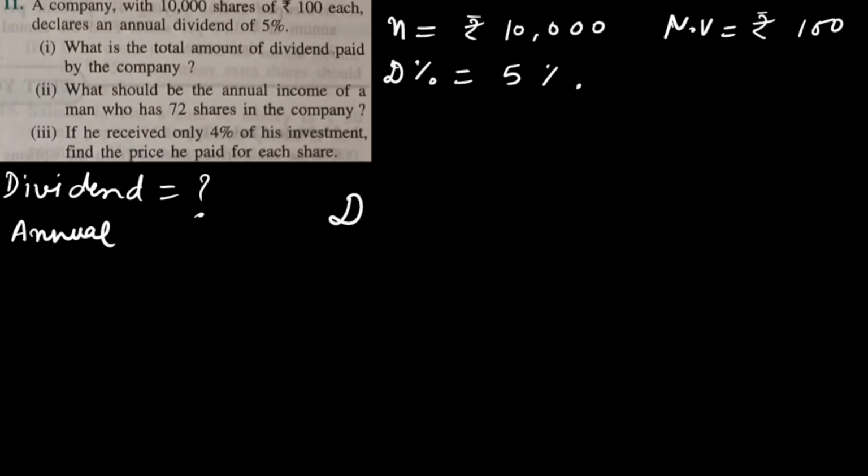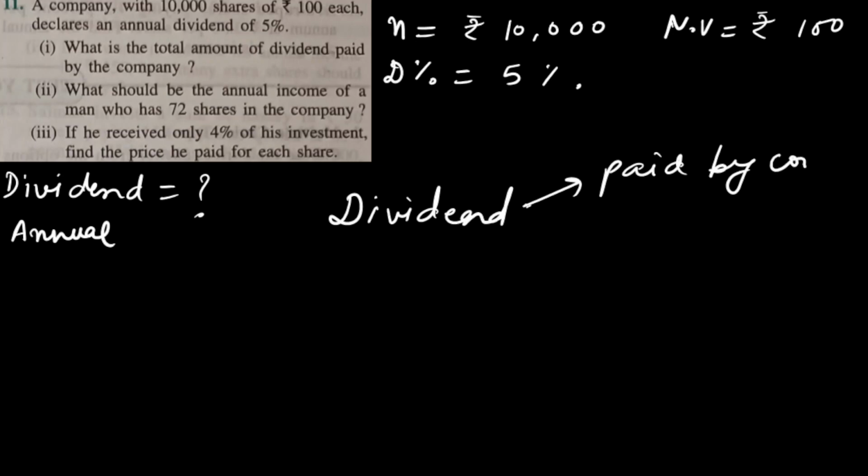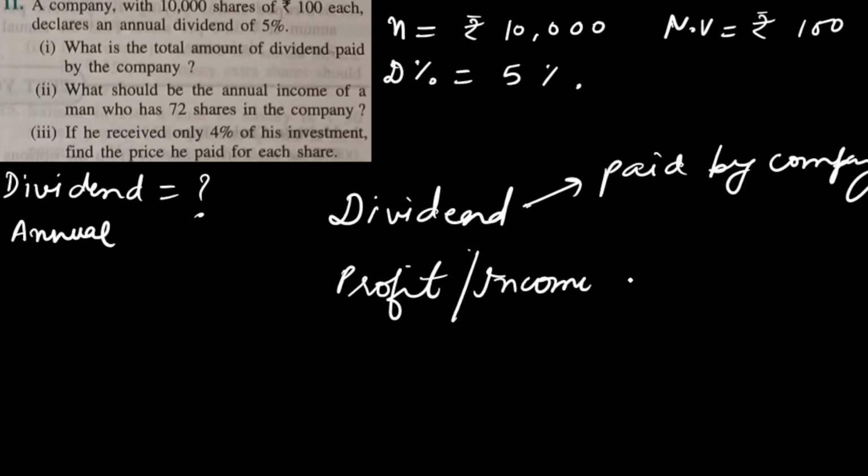I'll write also what I have said just now. If I have to say it in terms of dividend, I can say dividend is paid by the company, but the amount is the same. If I want to tell this dividend in terms of profit, in that case I will say profit or income earned by man, earned by person.